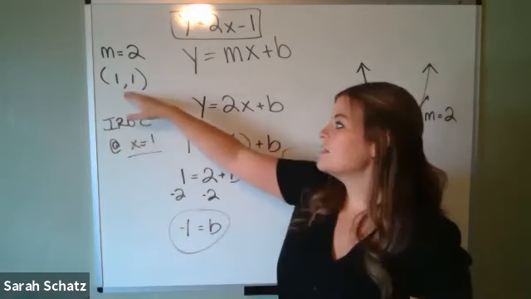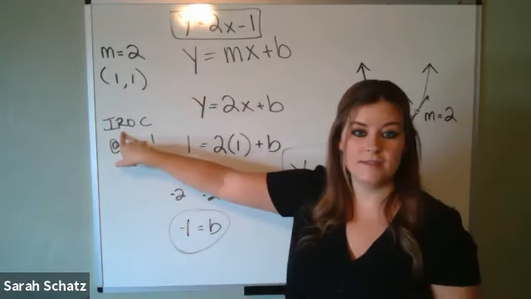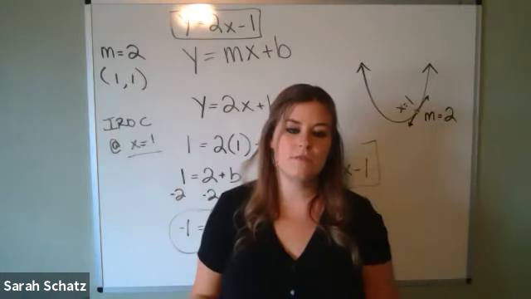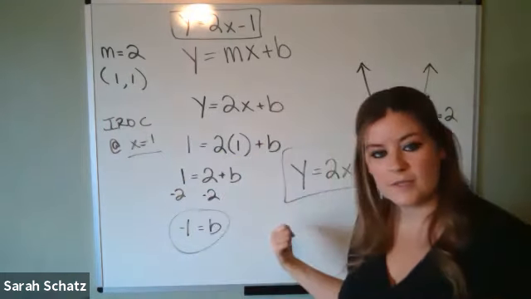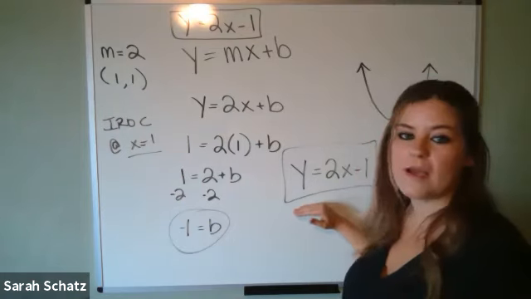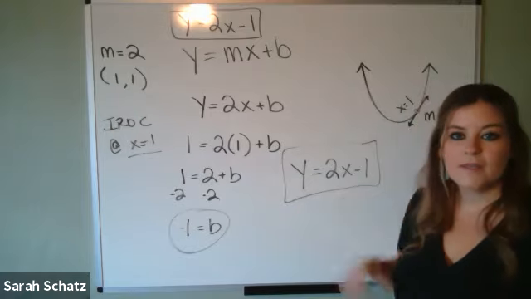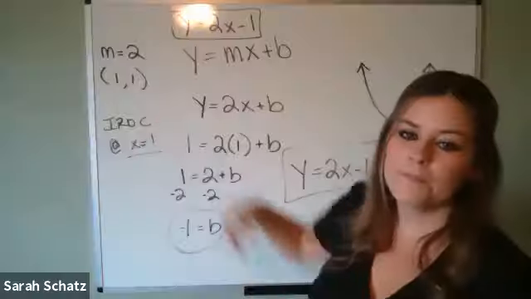So you had to find this to put into this, and the answer to this was your slope. So you already have all the information needed to find this equation. You just have to know how to take it from one place to here. And if you can remember this, that should get you there.